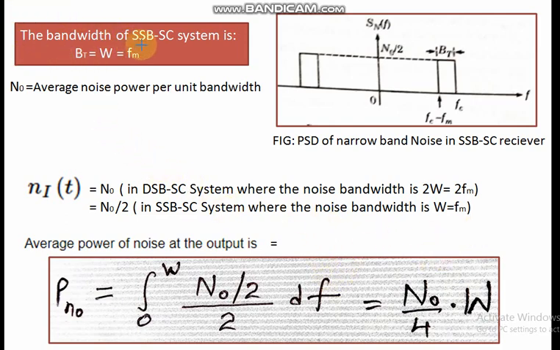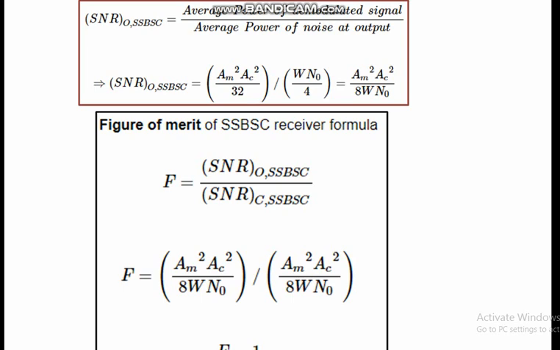Since the bandwidth of the SSB-SC system is Bt is equal to W is equal to fm, here it is shown that noise signal is also becoming half for the single sideband suppressed carrier, and that's why the average power of noise at the output is calculated in this manner, and we finally receive N0 by 4 into W. So W N0 by 4, and the complete formula is put in the calculations for SNR at the output stage of the receiver, and this is the complete derivation.